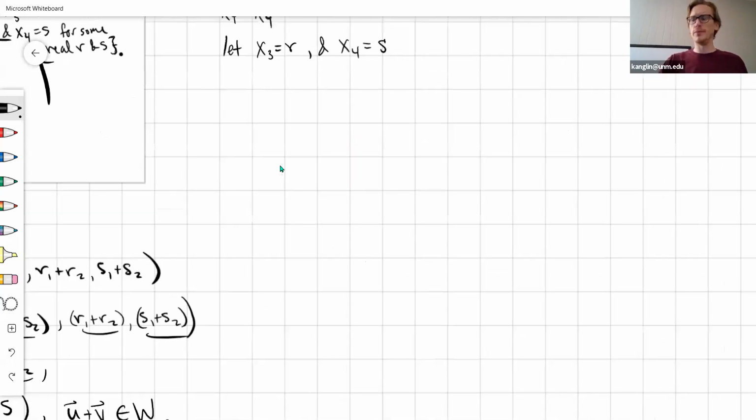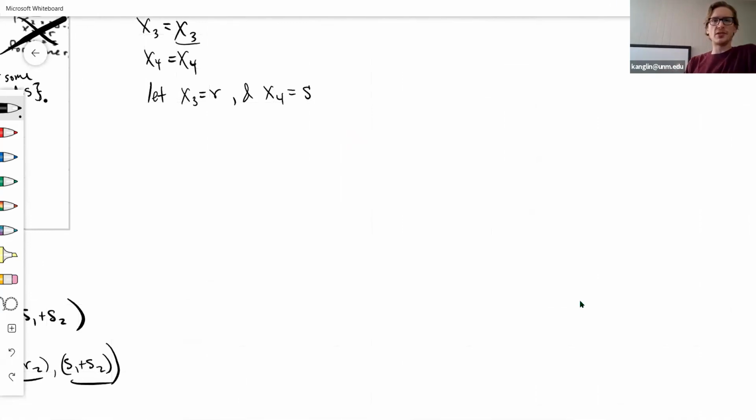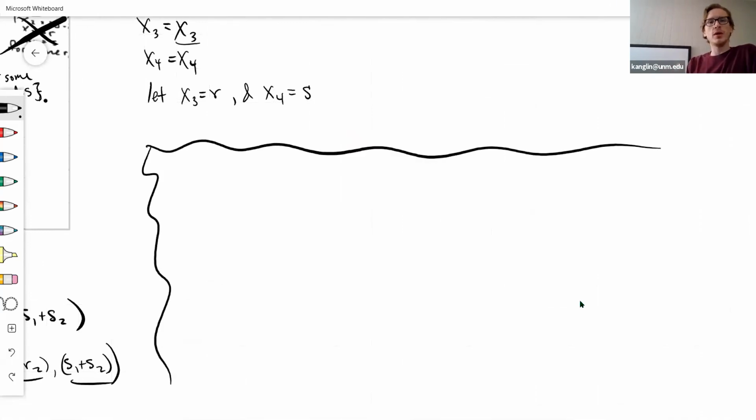Let's write this big result that we were mentioning. But this is no coincidence that the solution set of this homogeneous system formed a subspace.